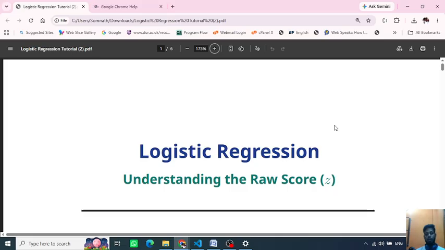Today I will continue the logistic regression. This is part 2. Last day I just discussed how the logistic regression algorithm works, how it predicts the output.